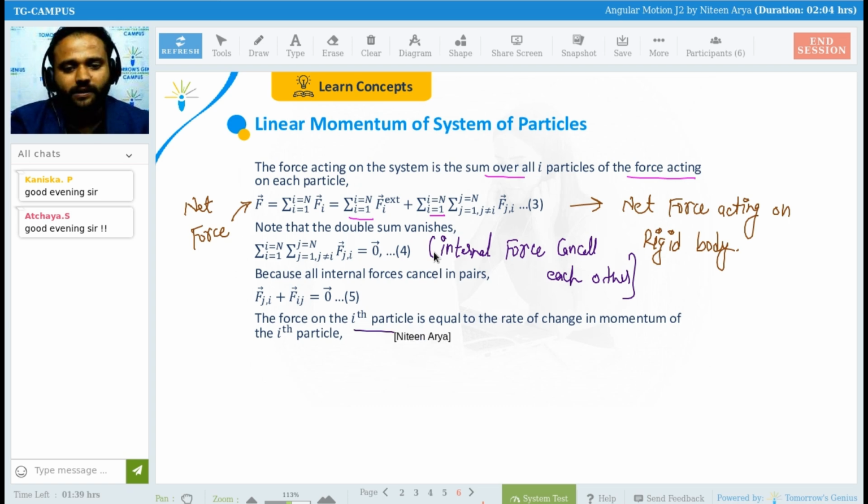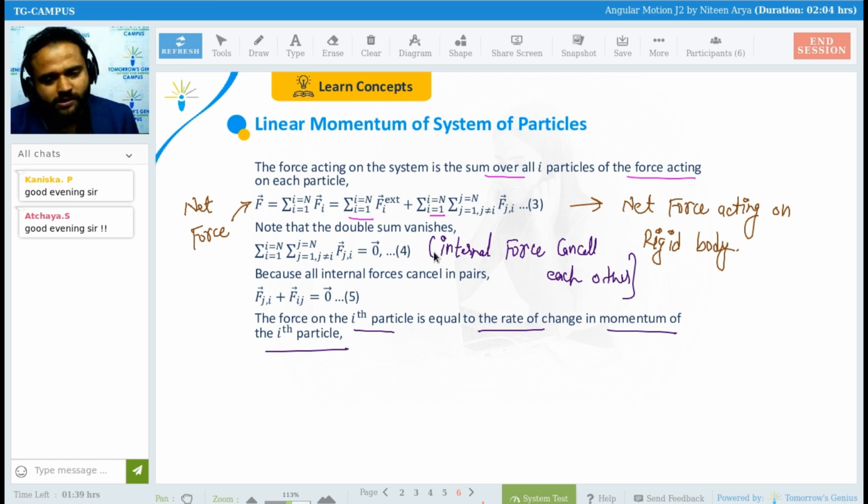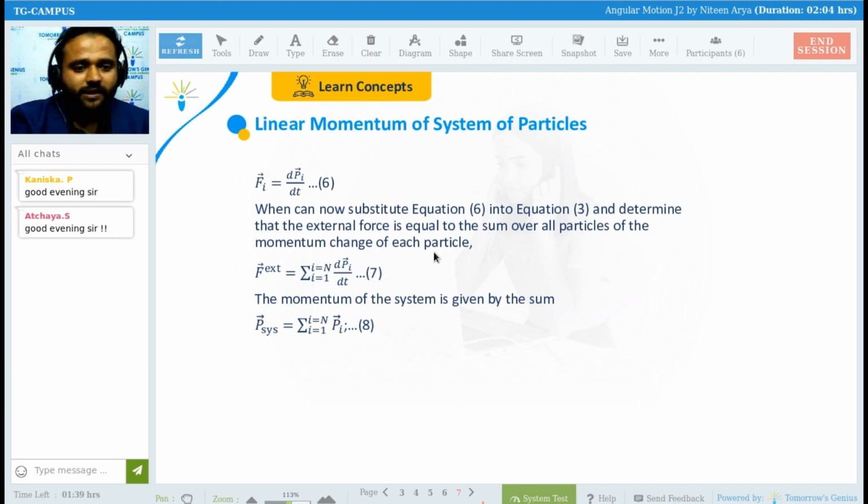The force on the ith particle is equal to the rate of change of momentum of the ith particle. Fair enough, because we learned this from Newton's second law: any particular force is the rate of change of momentum. Simply. Clear? So then F_i is dp_i by dt. Okay, simple thing.